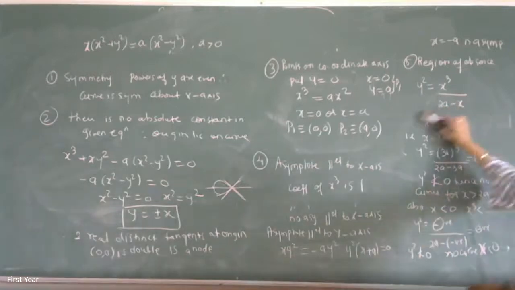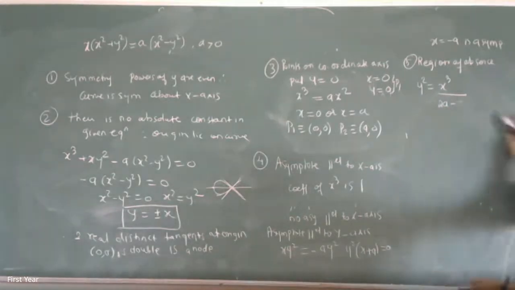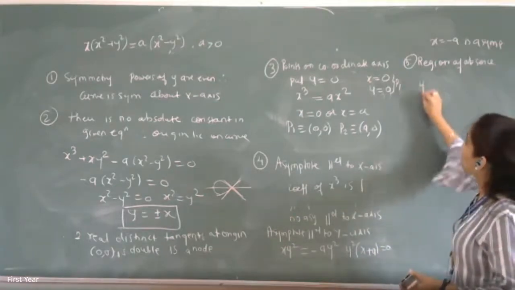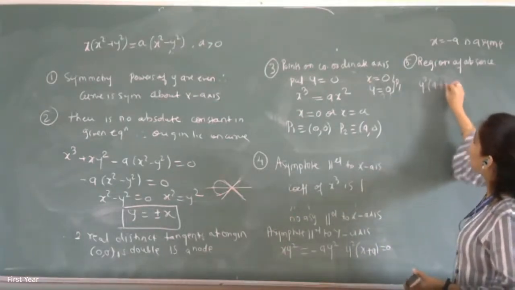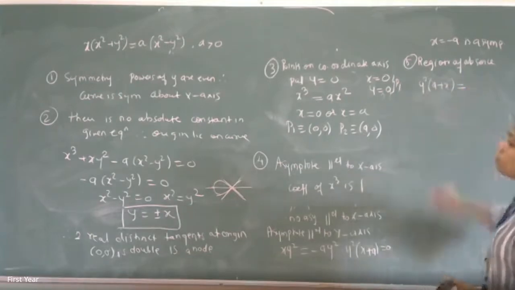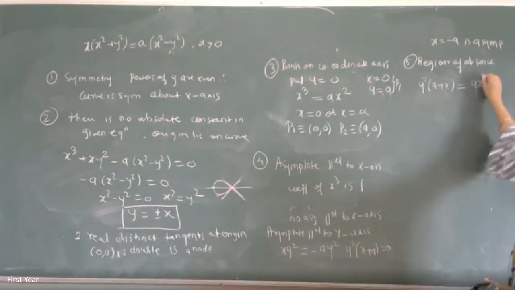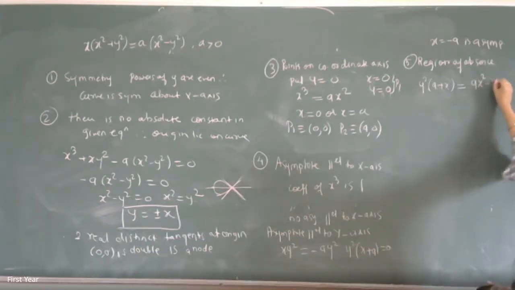Now check whether you can write it explicitly so that you can find the region of x. Just now I wrote the coefficient of y square is a plus x, or x plus a. What will be the right hand side in terms of x? Is it ax square minus x cube?